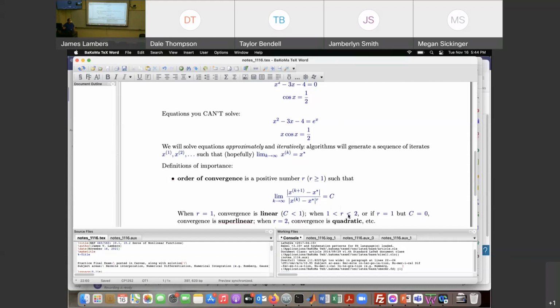So if r is between 1 and 2, then we say it's superlinear. Or if we can prove linear convergence, but the ratio is going to 0 instead of going to a fixed non-zero constant, that also is superlinear. And then if r is 2 it's quadratic, or r equals 3 is cubic, and so on.